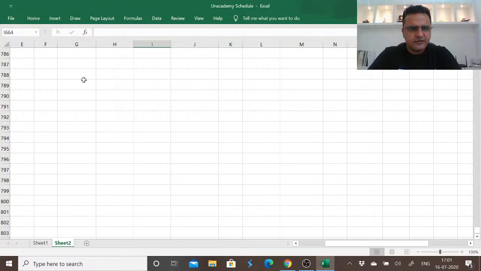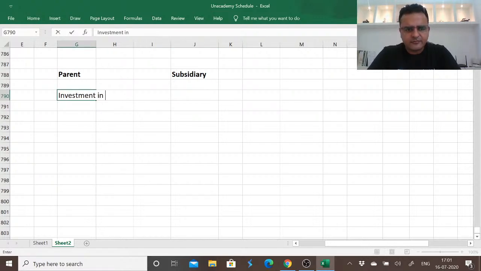Now there is a parent which has invested in a subsidiary. On consolidation we are adding up the results of parent plus subsidiary. So the first intra-group elimination happens on the date of acquisition. In parent's books it is investment in subsidiary.